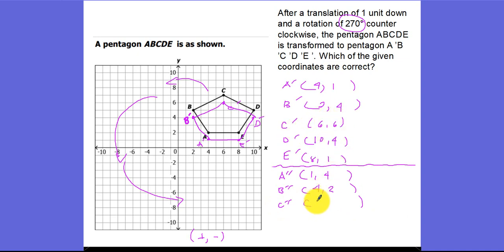Well, when you switch this, it's still 6 and 6. D double prime, I have 10, 4. It will become 4, 10. And then E double prime, I have 8, 1. It will become 1, 8. But again, on this quadrant, we have positive x, negative y. Okay, so this will be our new coordinates.